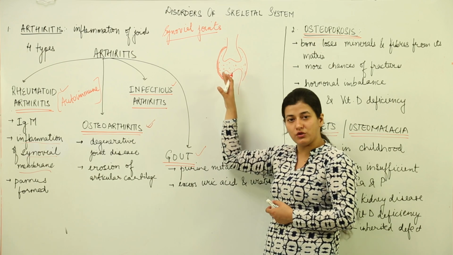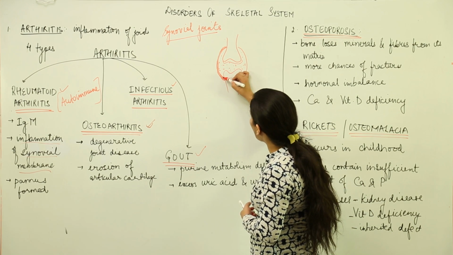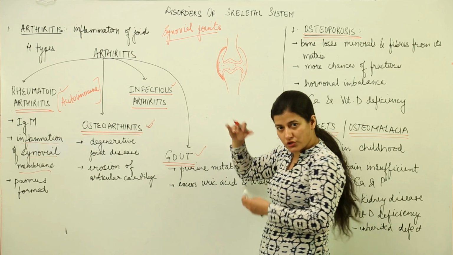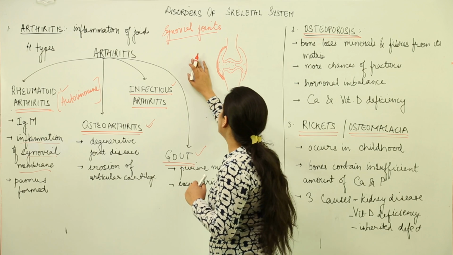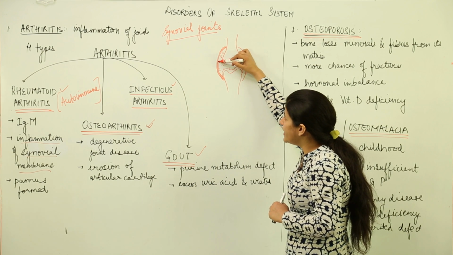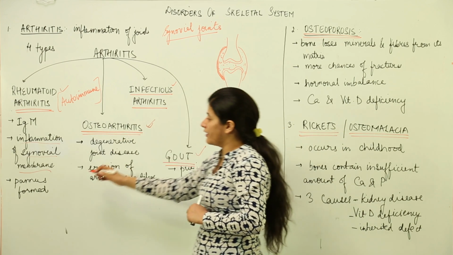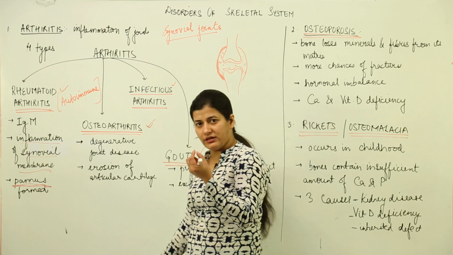which is present in the synovial cavity between the two articular cartilages present at the apex of the bones, the two bones which are present in the joint. Now what happens when it starts secreting a lot of synovial fluid, it also secretes small fragments known as pannus. Now these are small gravel like structures.